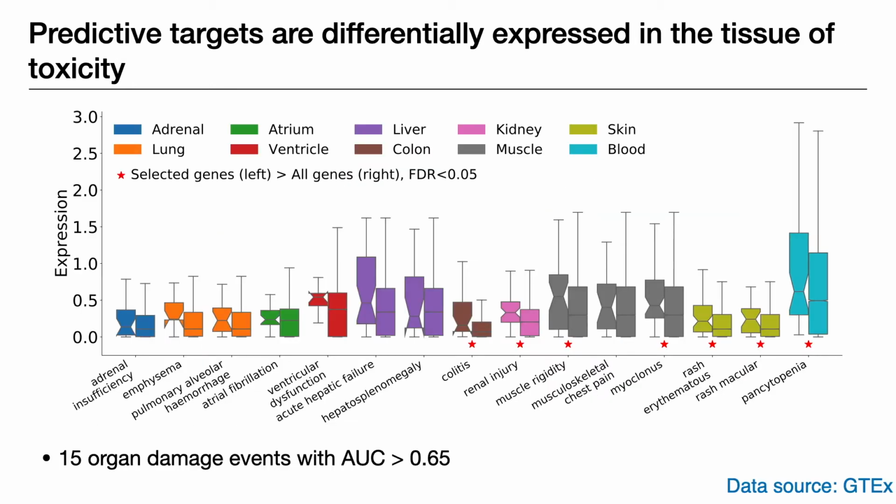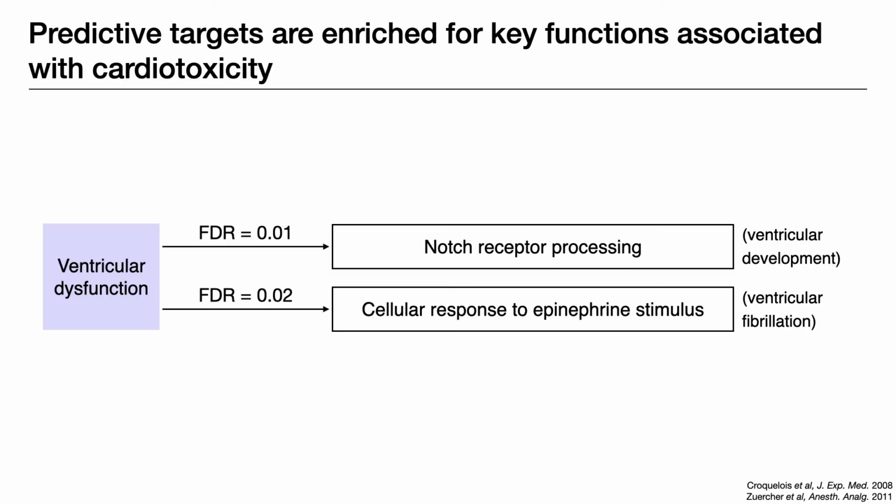For instance, when we mapped 15 adverse events of interest to their tissues of toxicity, we found the predicted targets identified by TargetTox are more likely to be beneficially expressed in the matched tissues. And that suggests these targets can have important functions in the tissues. To better understand important functions of predicted targets, we performed functional enrichment analysis.